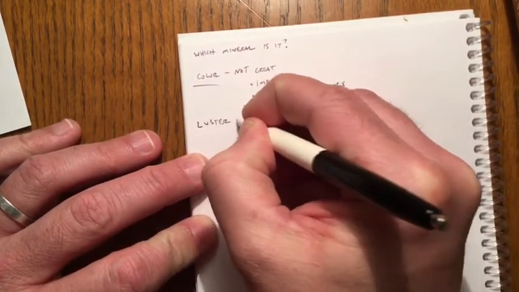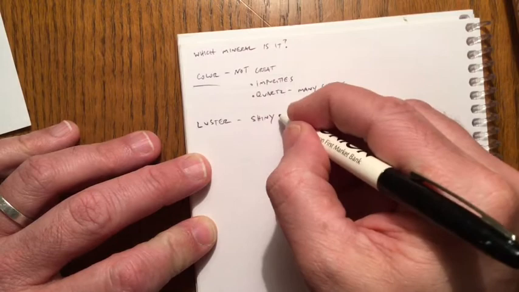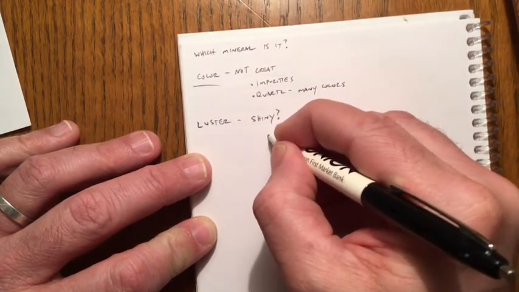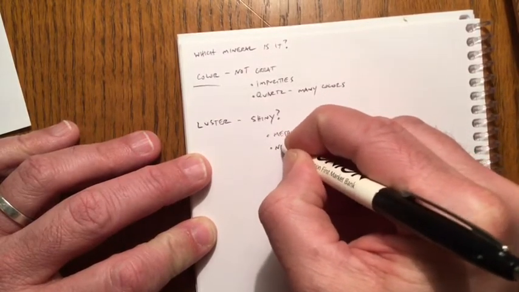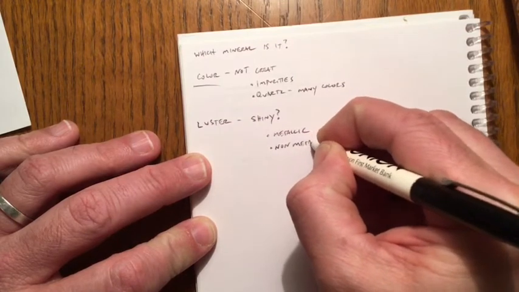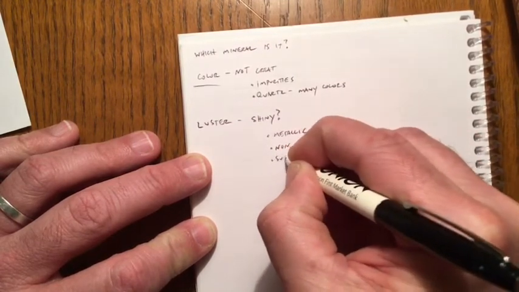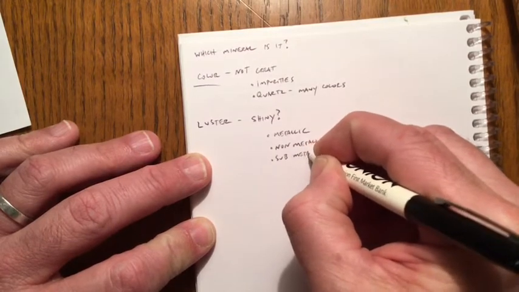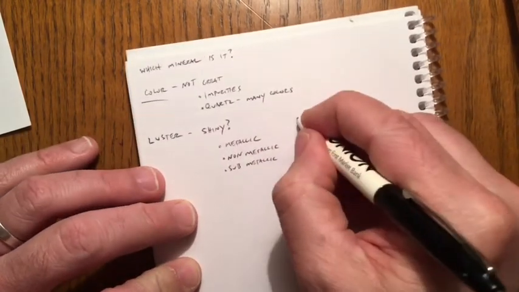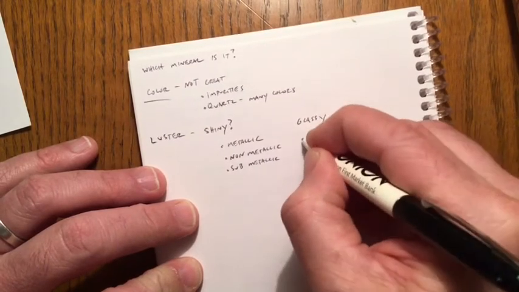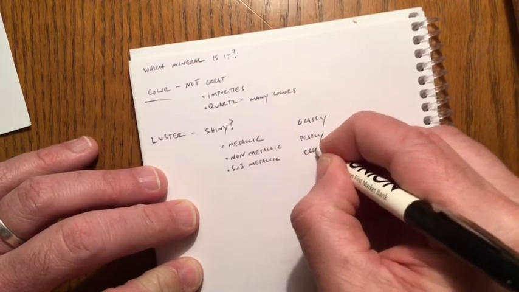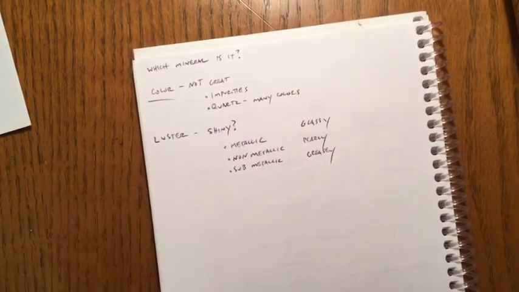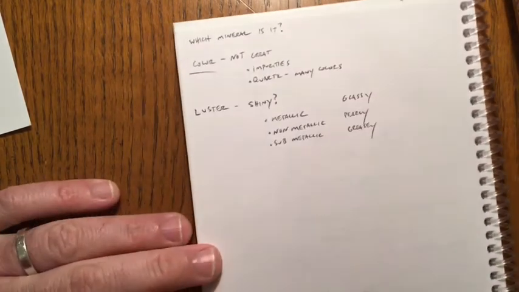Luster, which is how shiny a mineral is or not, and you can use words like metallic, non-metallic, submetallic, as well as glassy or pearly or greasy, among many different words you might use to describe luster.